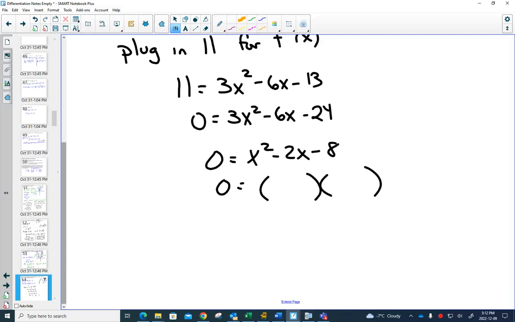Because the slope was 11 when x was 4, one of these has to be x minus 4. That makes your multiplication easier, because the only other thing that would give you the minus 8 would be a plus 2. And so you'd have x equals 4 and x equals minus 2.